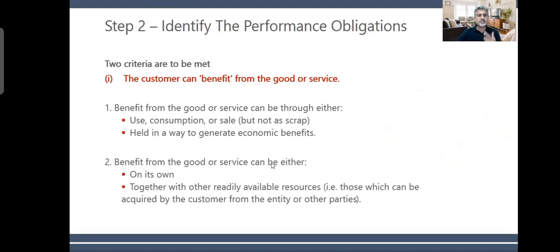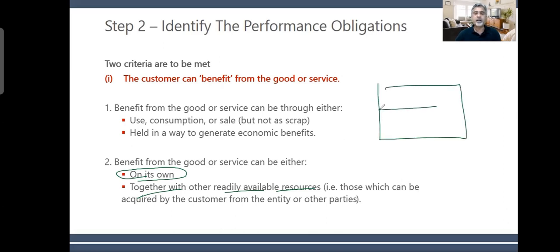And number two, the second condition: the benefit from the goods or services can be either on its own, or together with other readily available resources. Like if you see this wiring hole in the wall, it does not give benefit on its own, but it gives it together with other available resources.